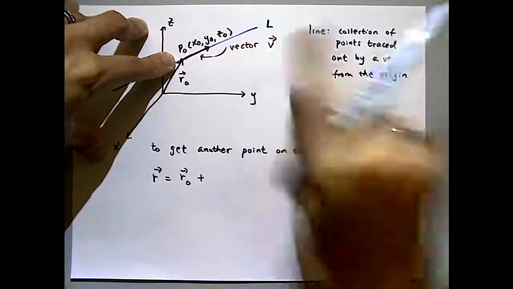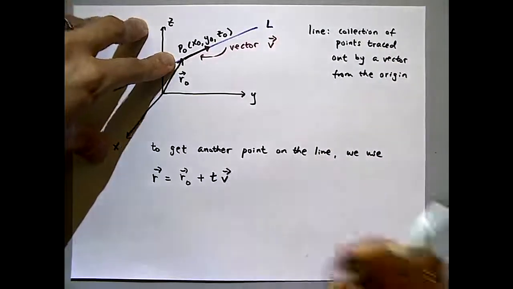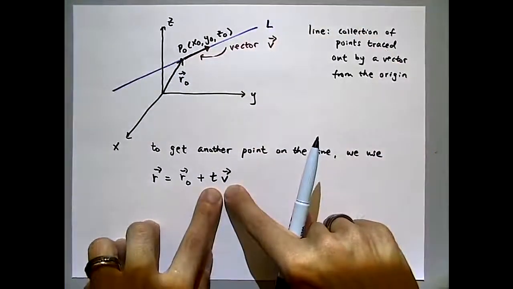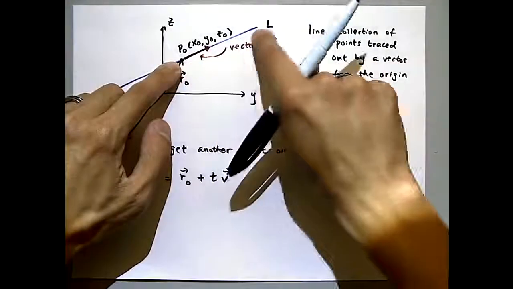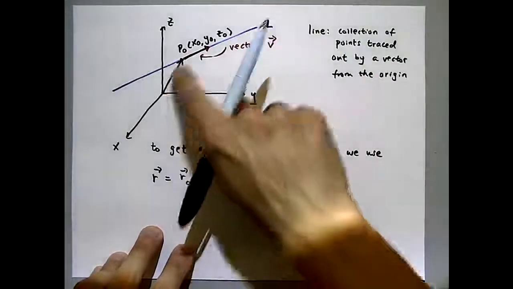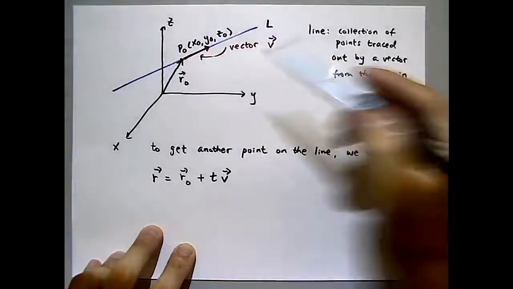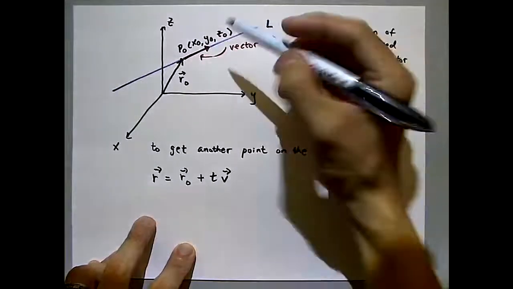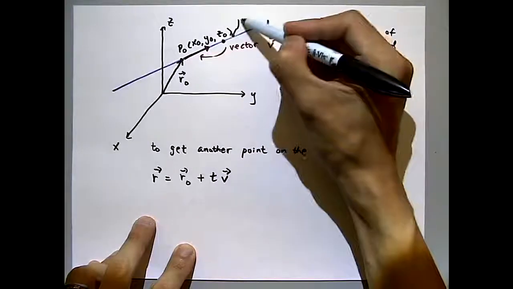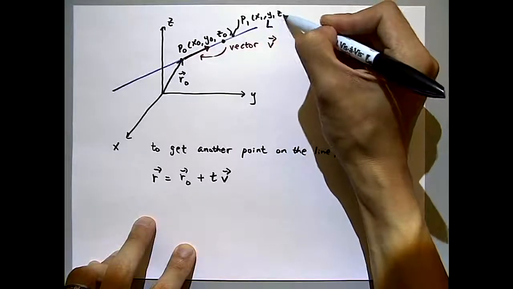So v times whatever length I wanted to go. Okay? So this takes me to here. And t times v tells me how far to travel along this line. So if I want t to be 1, I go up to here, and then 1 times v takes me to a new point. So that new vector would trace out a different point. So let me sketch out a second point right here. P1, x1, y1, z1.